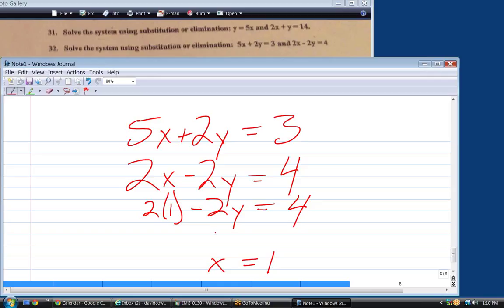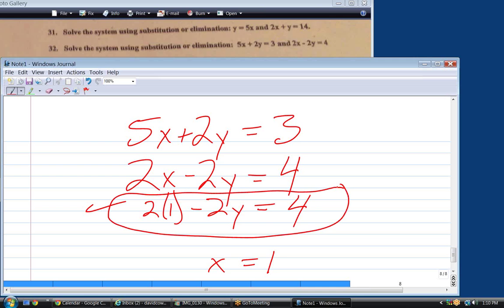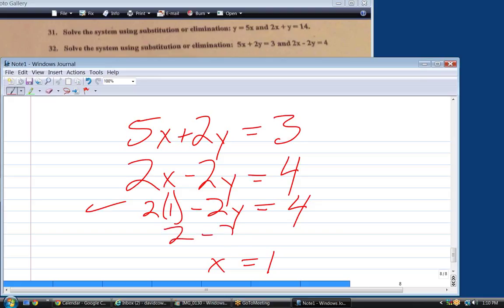No, you don't plug it in. You got to solve this equation for y. In other words, this now is a very simple algebraic equation. How do I solve it? You take 2 times 1, which is 2, minus 2y equals 4. Okay, now what?